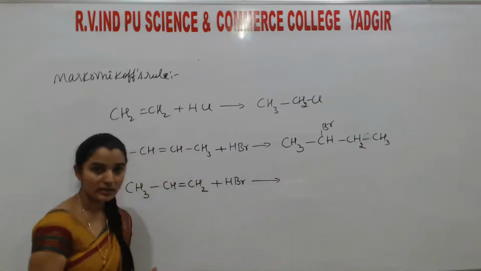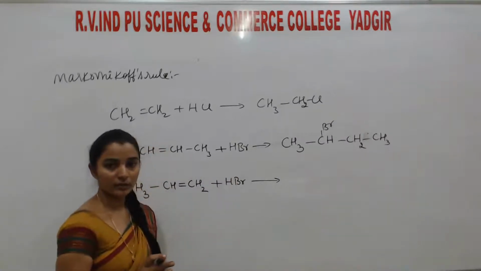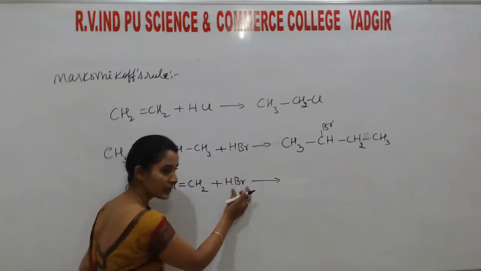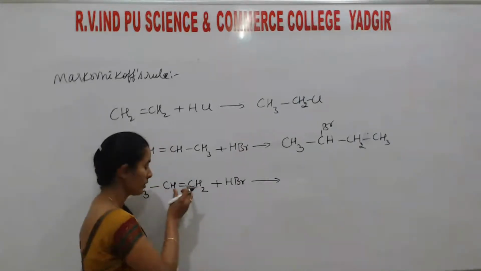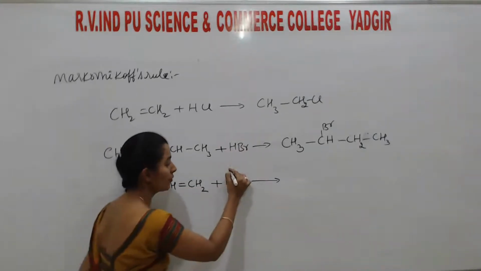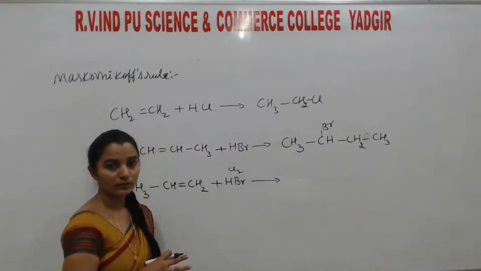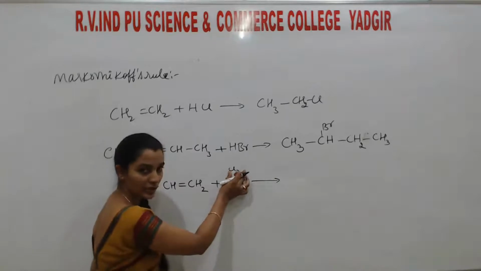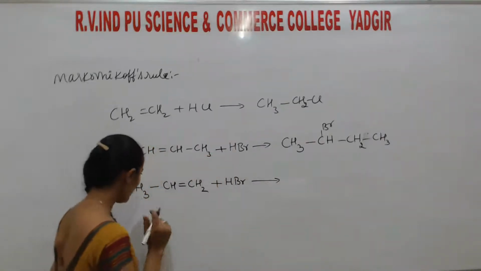Why is it called unsymmetrical? This one is plus, this one is minus, they are different. An unsymmetrical reagent is added to an unsymmetrical alkene. If you take Cl2, the Markovnikov rule cannot be followed because this is a symmetrical reagent. Are you getting it?